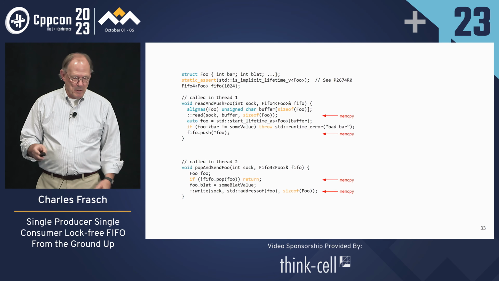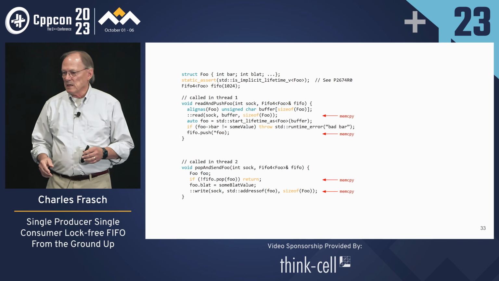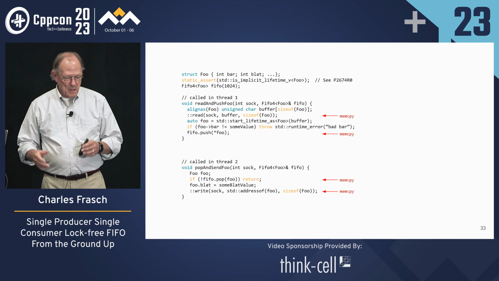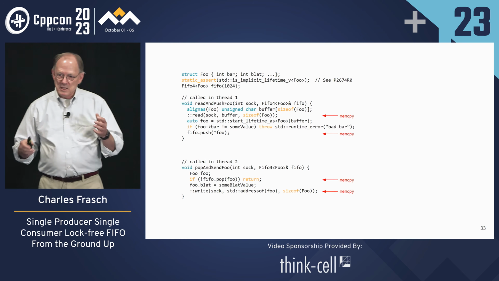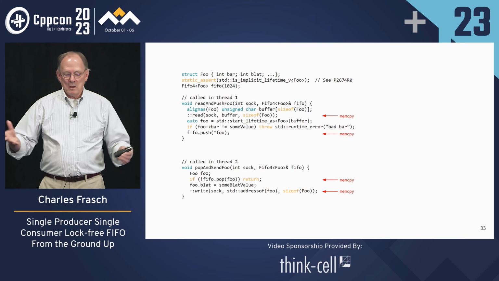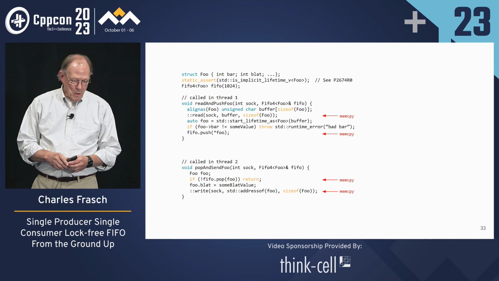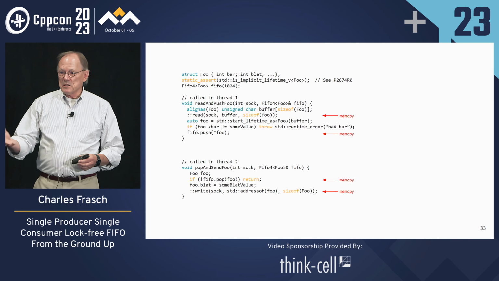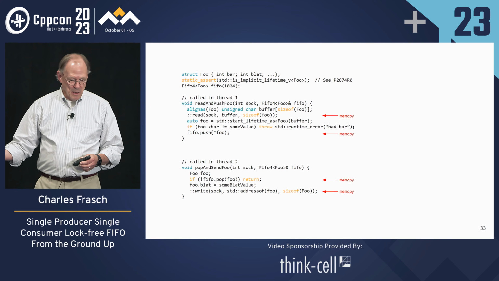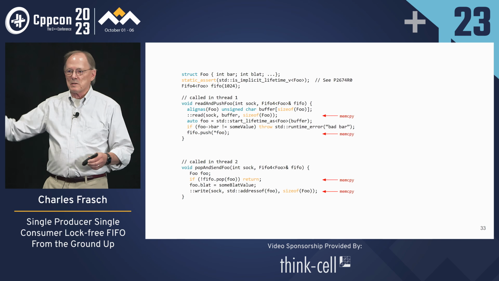Now, remember that pipeline diagram I showed at the beginning of the presentation. Let's simplify that a little bit. Suppose we have some type foo that we need to pass around over the network. We have a thread called read and push foo that reads those foos off the network and pushes them on the FIFO, and another thread that reads those foos off the FIFO, does some computations, and pushes them back onto the network.